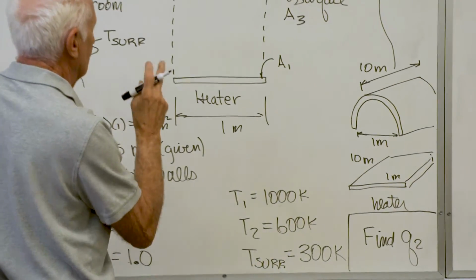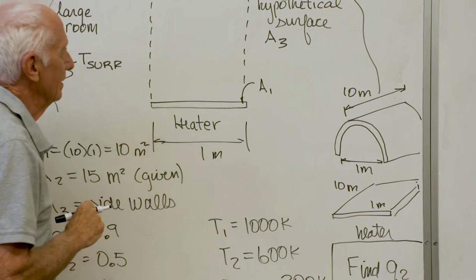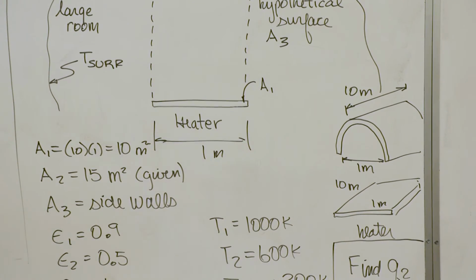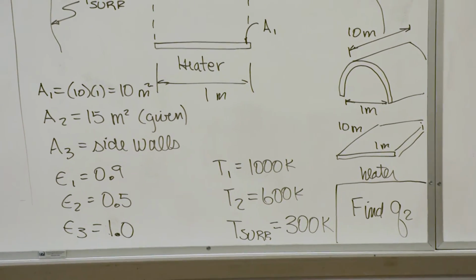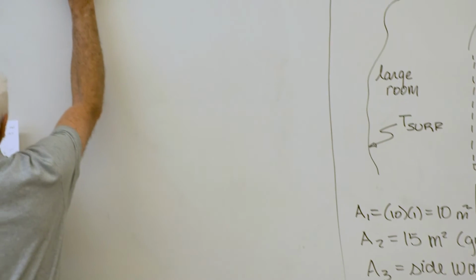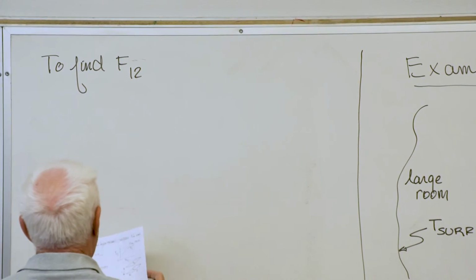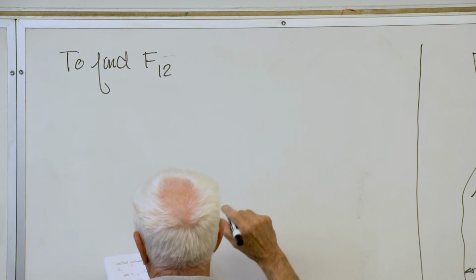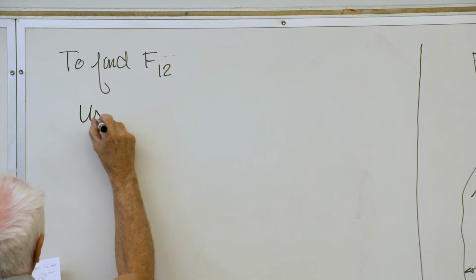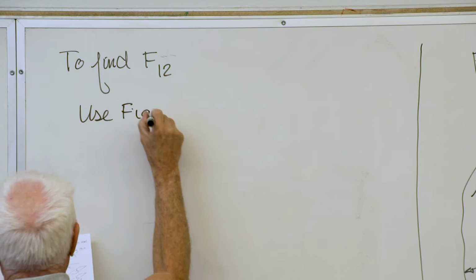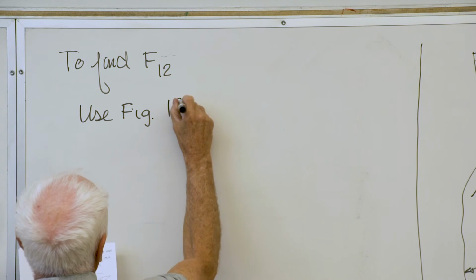Okay, 1 to 2. To find F1 to 2, use figure 13.4.